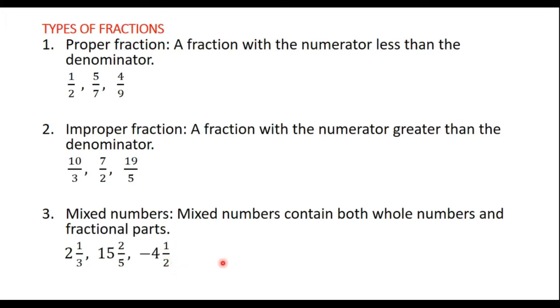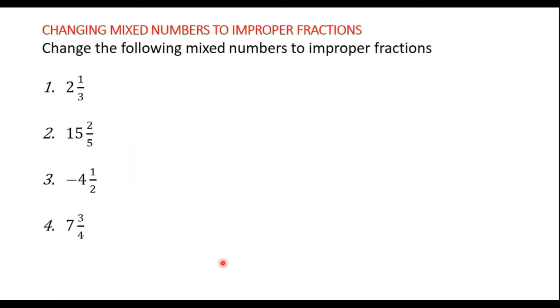Usually when we are working in fractions, the fraction is given to us as mixed numbers or mixed fractions. We have to change them to improper fractions so that the work can be done. So we are going to learn how to change mixed numbers or mixed fractions to improper fractions. So, changing mixed numbers to improper fractions.